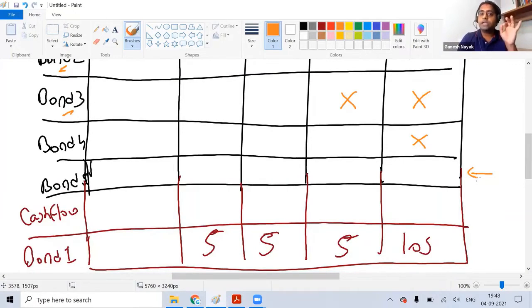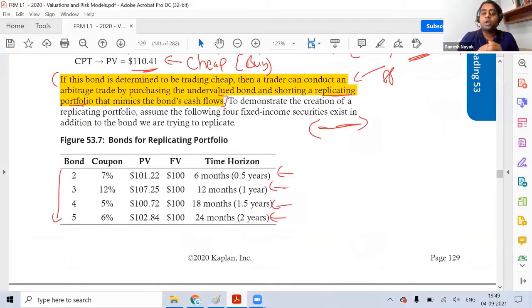Any confusion, kindly put it on chat. Don't worry. So only the 5th bond can help me with that cash flow. But let us go to the table and the information that we have. The 5th bond is going to mature in the second year. Exactly on that second year, how much cash flow is it going to give me?